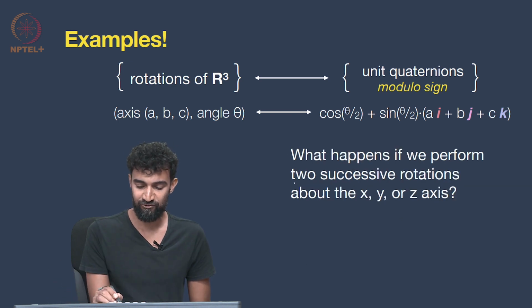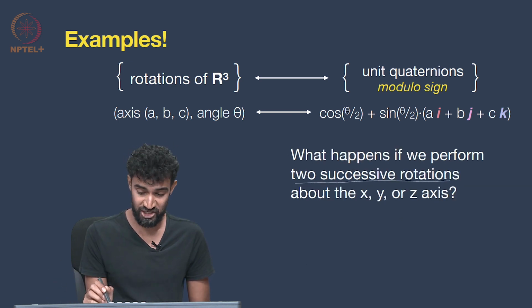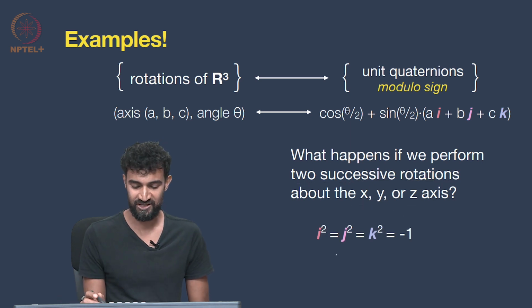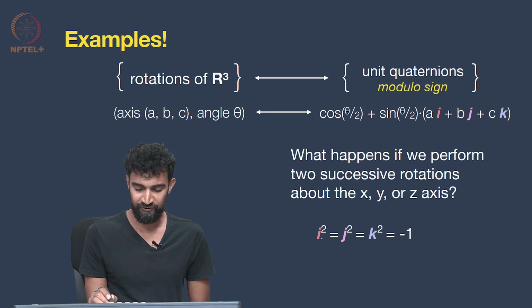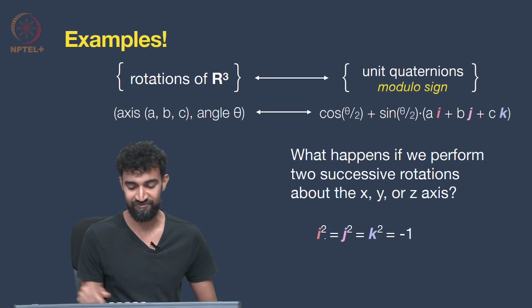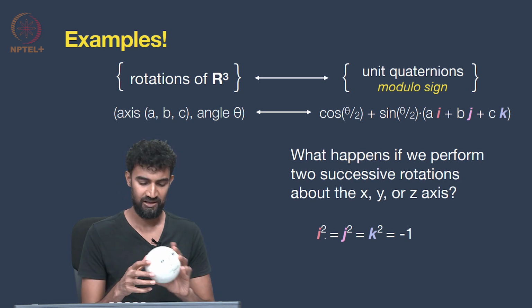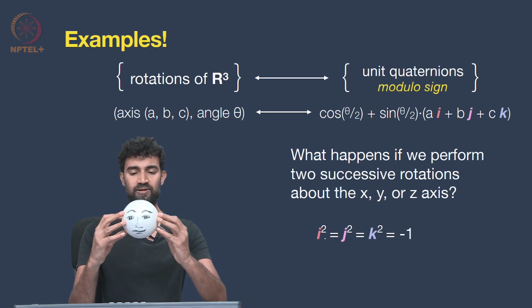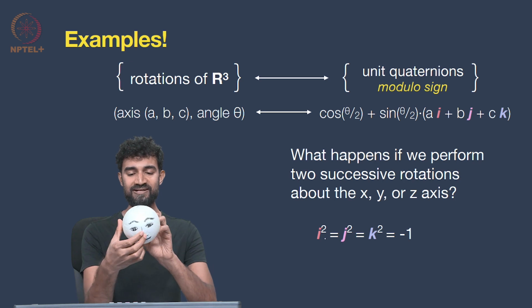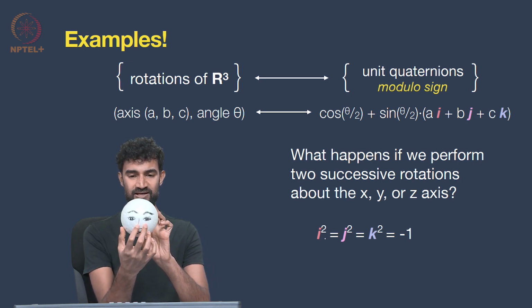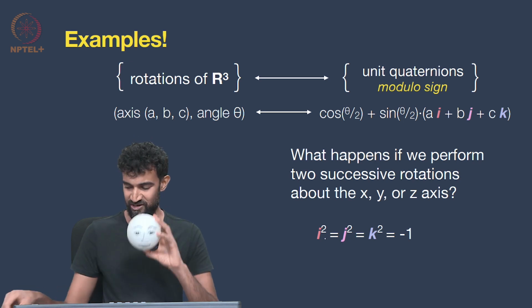What happens if we perform two successive rotations about the x, y, or z axes? In other words, what if we do i followed by i, or j followed by j, or k followed by k? If we do a 180 about x, we get this. If we do another 180 about x, we get this. So it takes us back to where we started.